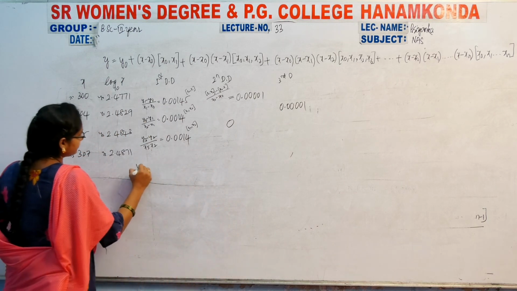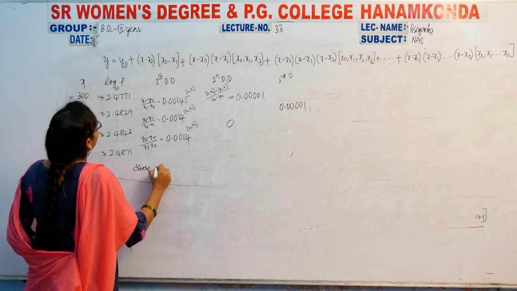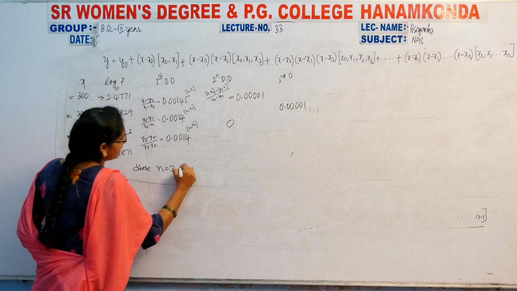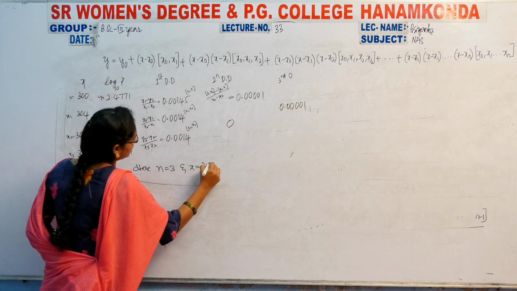Now here n is equal to 3 and x is equal to 301.